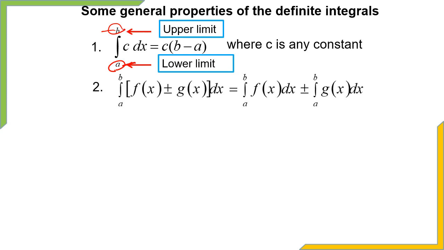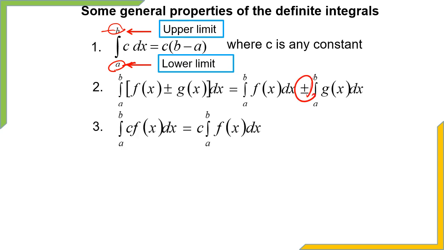So integration of f(x) plus or minus g(x), meaning addition or subtraction between two functions, from a to b, we can separate and find the definite integral separately. The third one: integration of c multiplied by a function, a constant multiplied by a function.